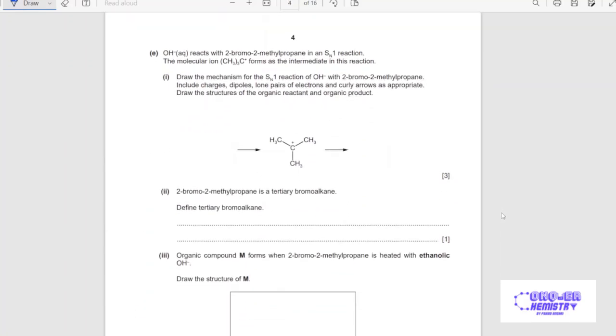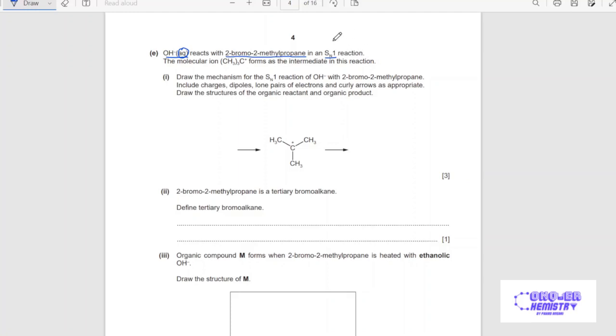Now we have an organic chemistry question so early in this paper already. Normally these come towards the end, but whatever. Let's do it. So over here we have OH minus ions in aqueous solution that react with 2-bromo-2-methylpropane, a halogenoalkane, in an SN1 reaction.